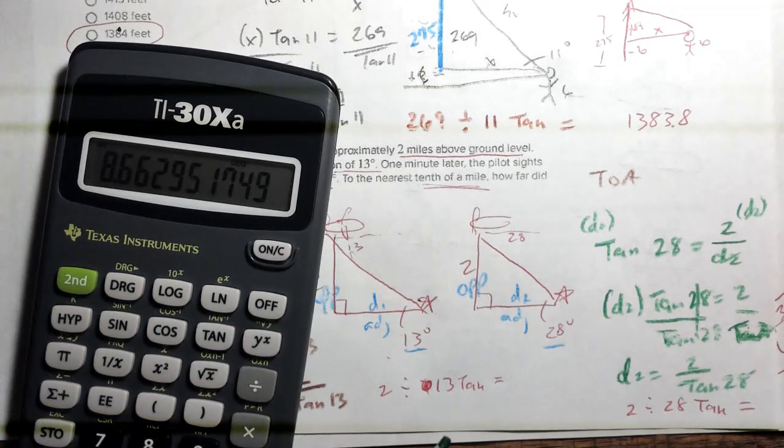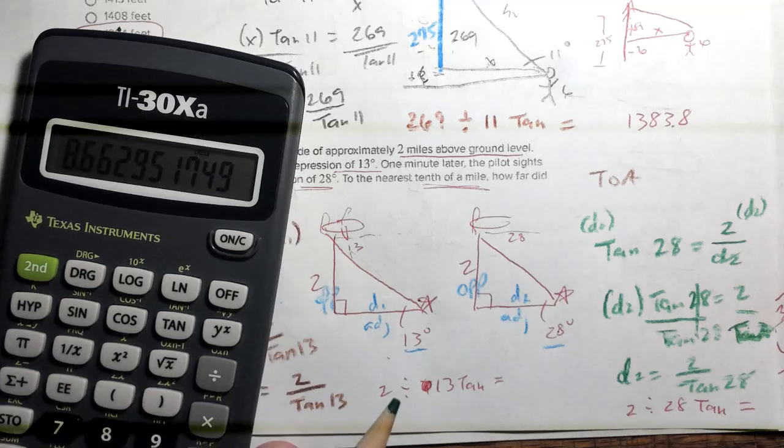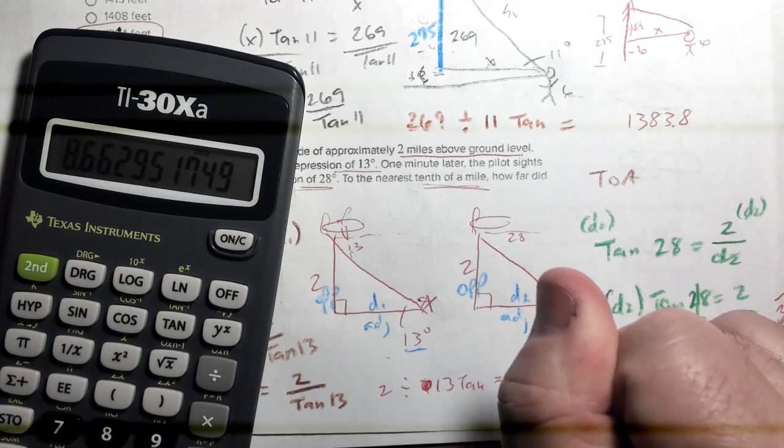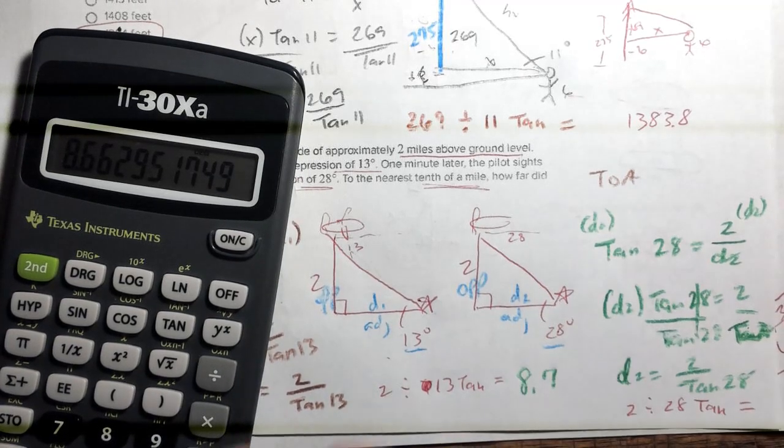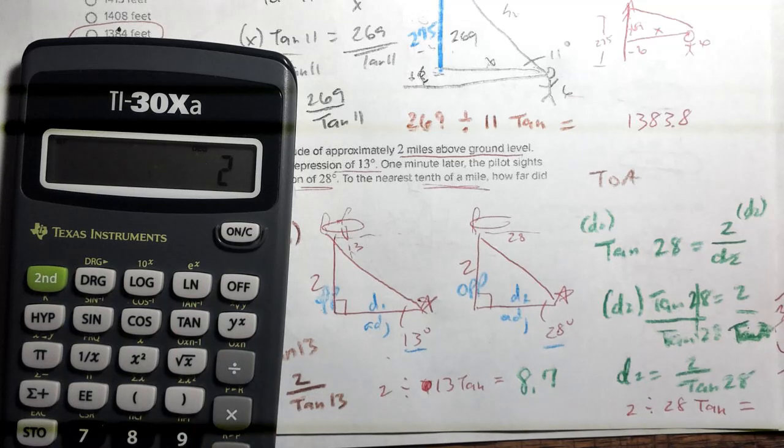So over here we are 8.66, which is 8.7. And then this other one is 2 divided by 28 tan equals, that's 3.76, which is 3.8.